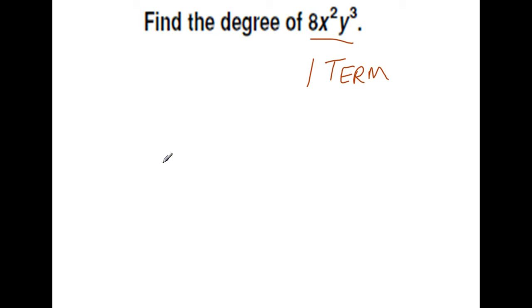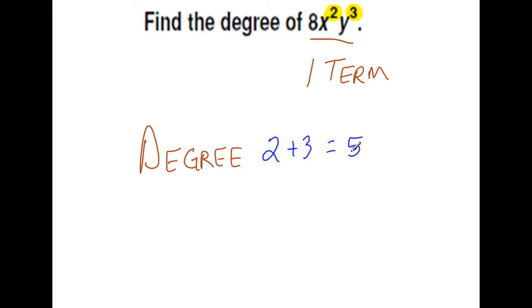Now, if I wanted to find the degree, I'm going to take the exponents of everything that's here, and I'm going to add it up. This has a 2. I'm going to highlight it. This has a 2, and this has a 3. This is what I'm looking at right here, what are with the variables. And so there's a 2 plus a 3, making the degree 5.